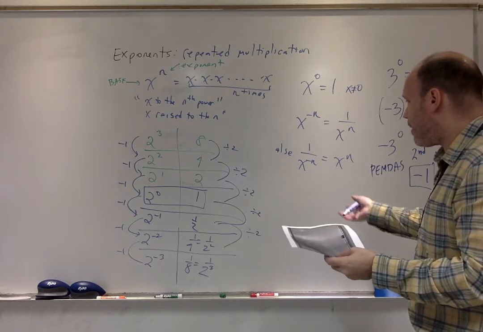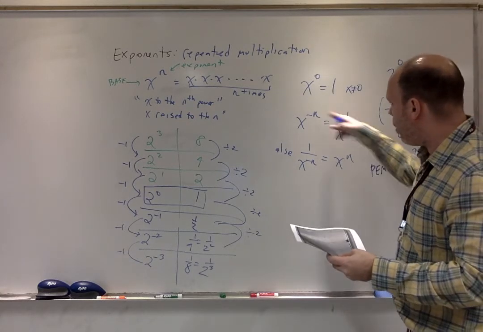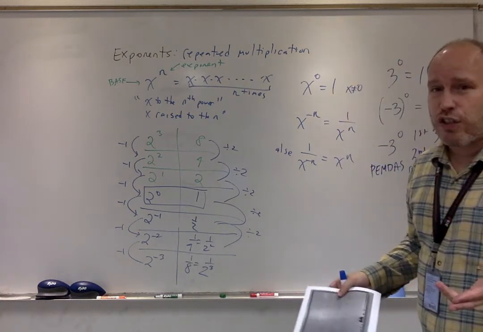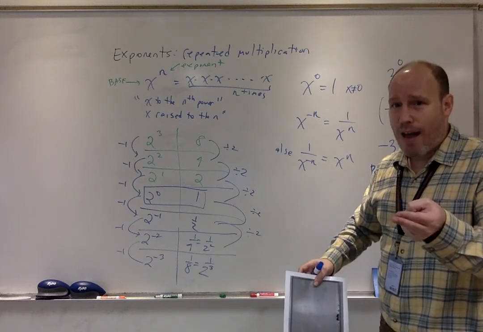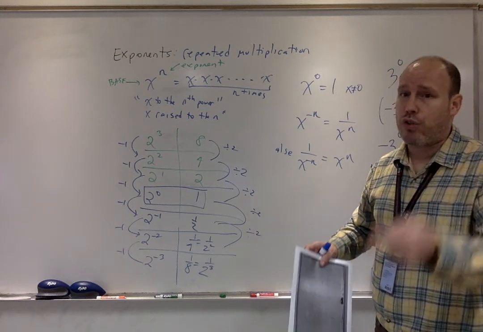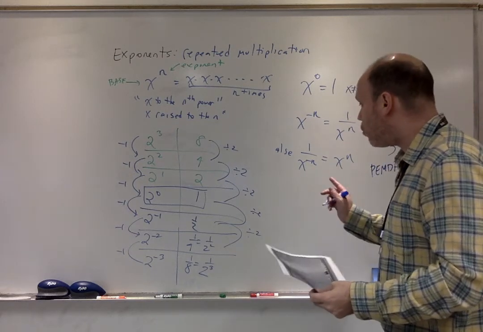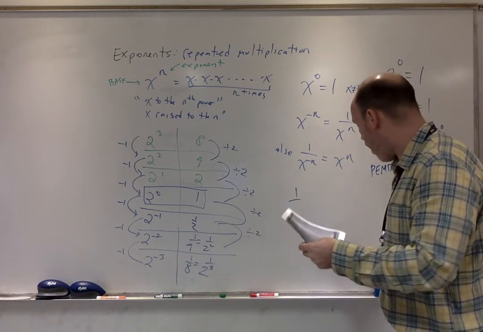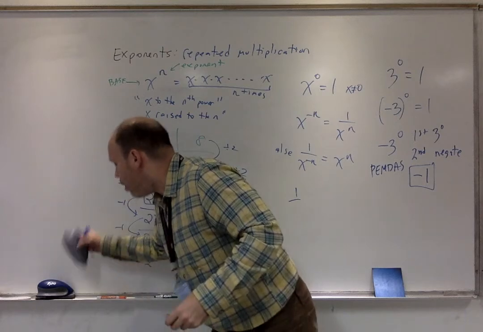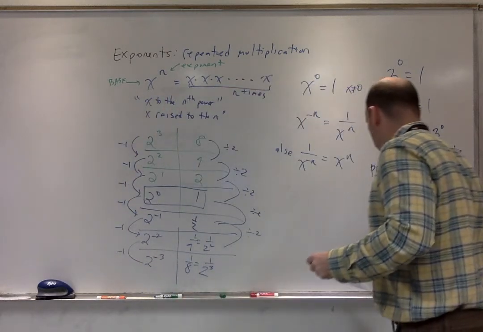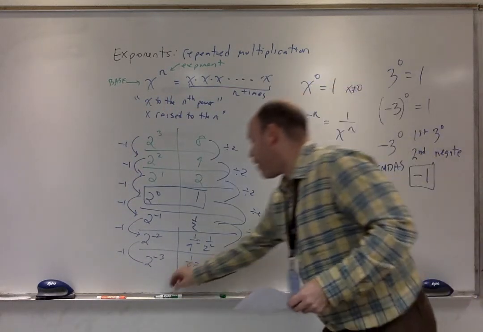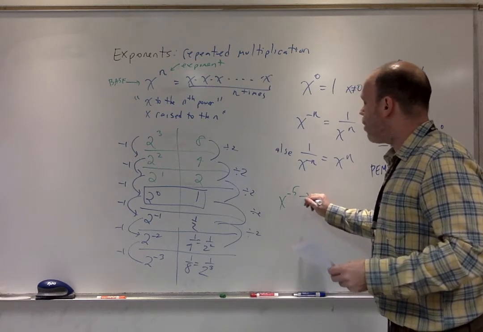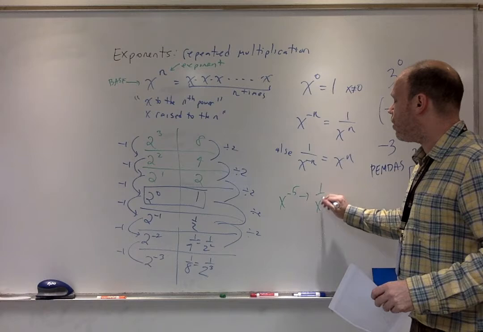Last thing, let's do some examples with our negative exponents. You're going to be asked to transform from a negative exponent to positive and vice versa. So if we have x to the -5, we're going to rewrite that as 1 over x to the 5th.